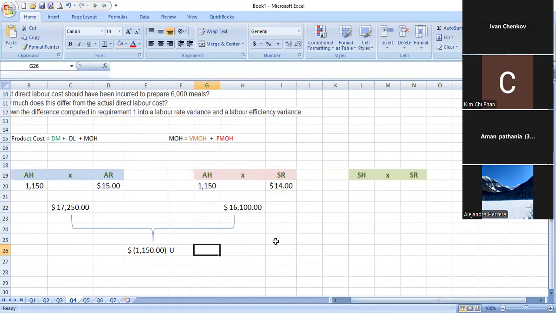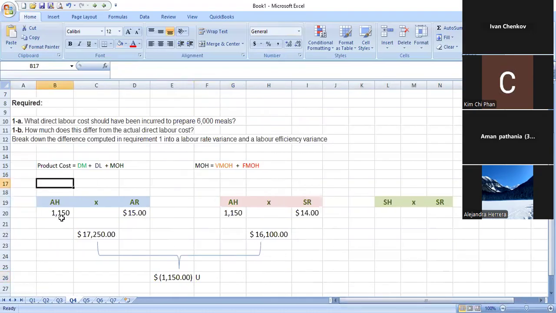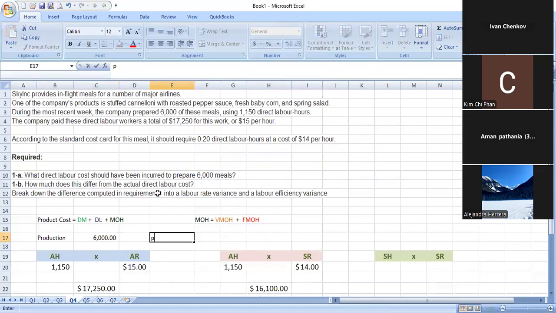So let's see the standards. What's our production? Our production was 6,000 meals. Now, based on our standards, how much are we supposed to spend per meal? 0.20 hours.